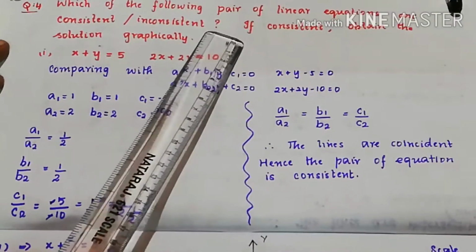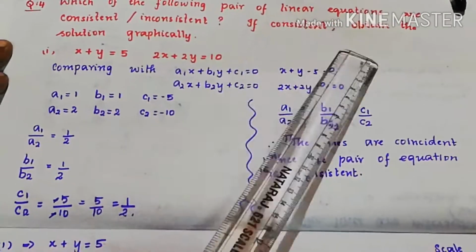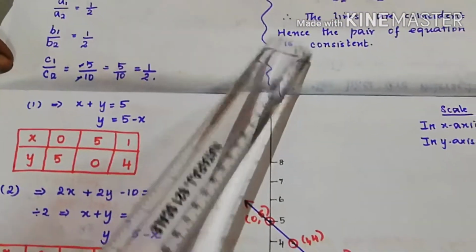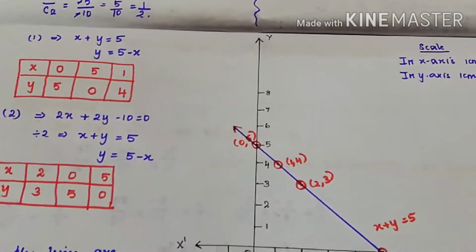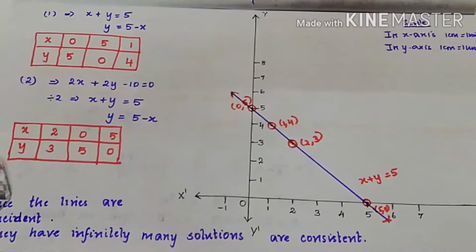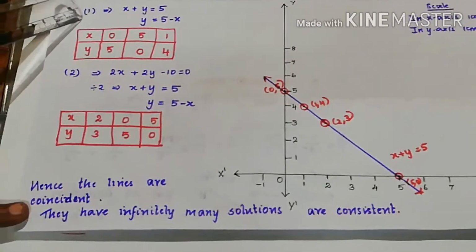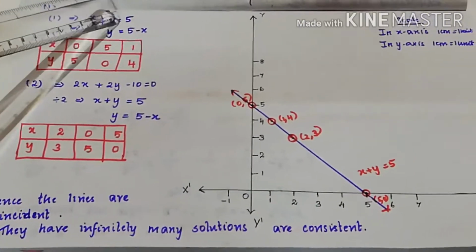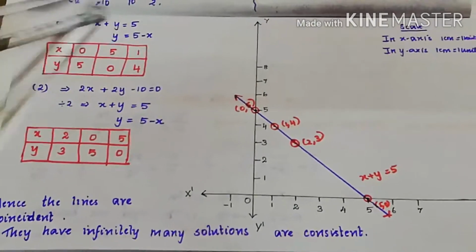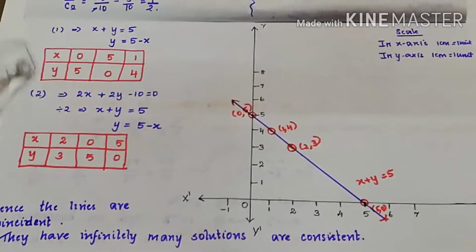And in the question they have said if consistent then you must obtain the solution graphically. So now we are going to obtain the solution for this equation graphically. Yesterday we did that same procedure, we have seen how to do it. So the first equation you take, x plus y is equal to 5. Rearrange. Keep y here. y is equal to 5 minus x. Now form one table.